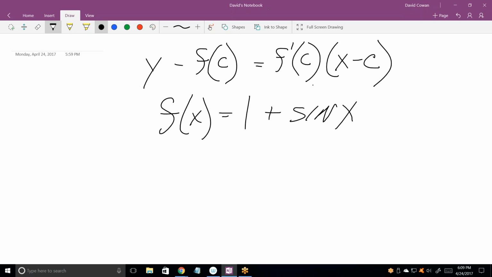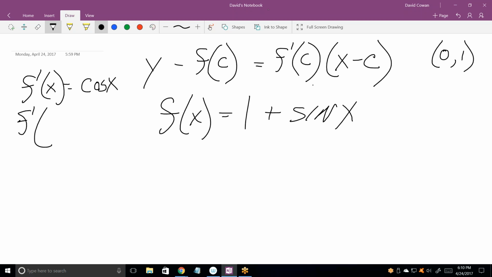So, first of all, what we're going to need, over here on the left, is f prime of x. Cosine of x. And we're going to evaluate this at the point 0. I left that out, sorry.